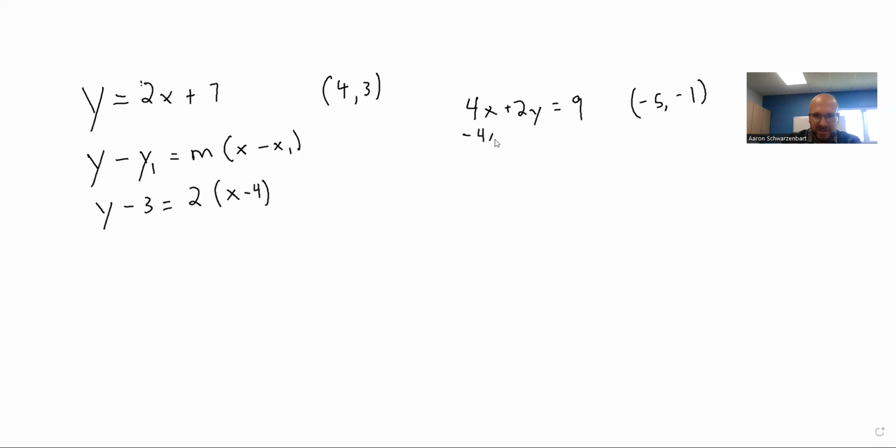That's y equals mx plus b. So I move the 4x to the other side by subtracting 4x, and now I'm dividing everything by 2.